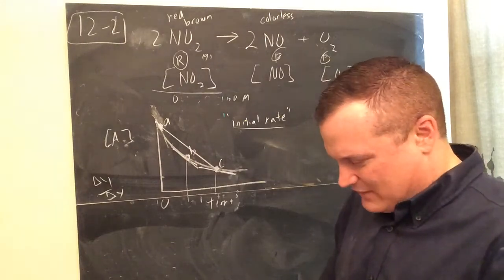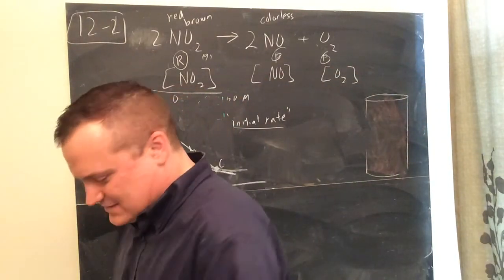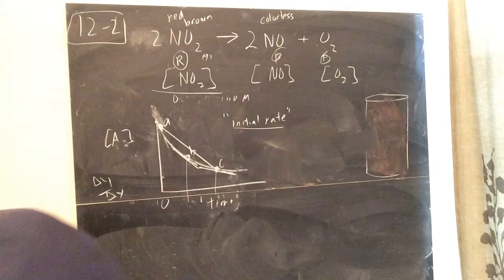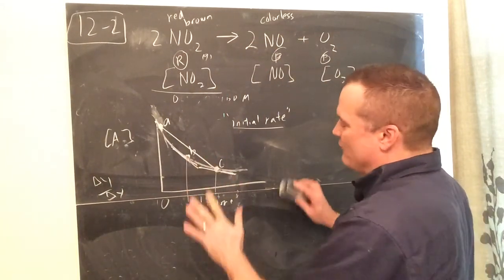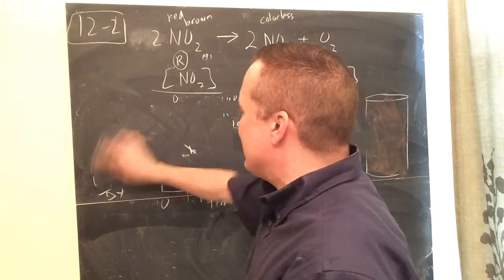You're not going to hear a lot about that. I think the most important thing to know is, if I take the slope of a line tangent to the curve, that will be the instantaneous rate at that point.